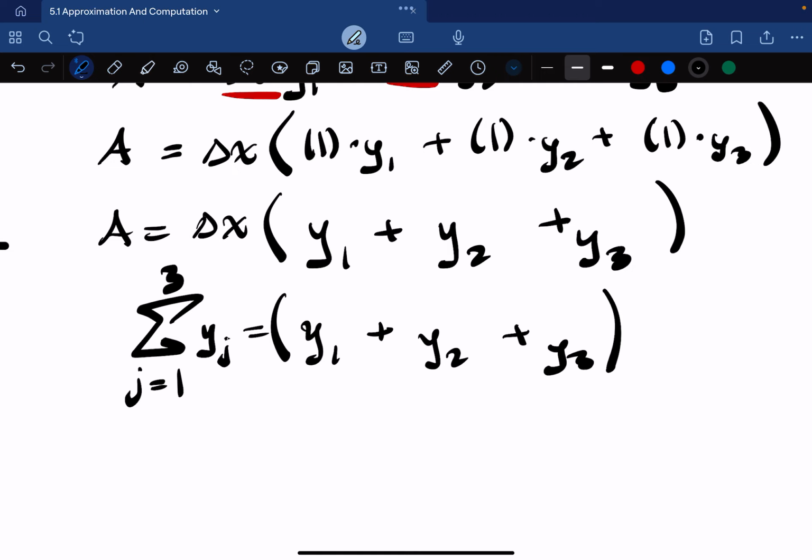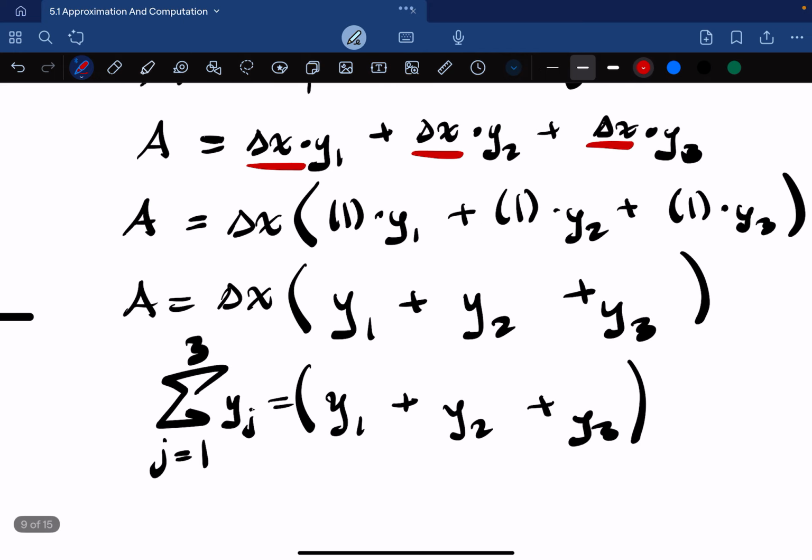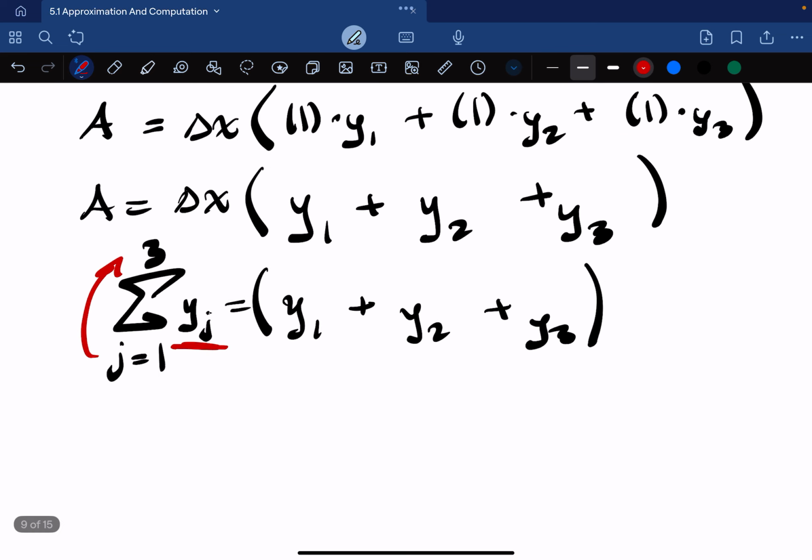All this is saying is, if you sub in a number for the value of j in y of j right here, and you sub in all the values from j equals 1 to j equals 3, and you add all of them together. That's all this basically means.